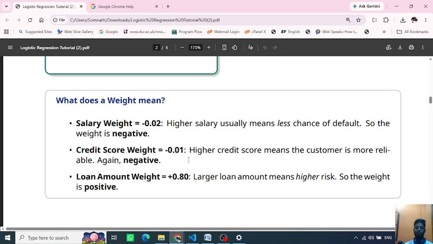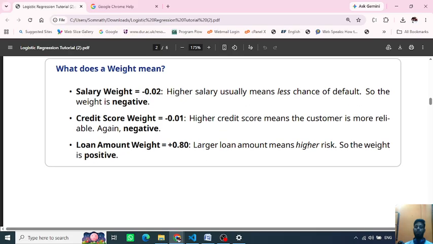Similarly, for credit score, a higher credit score means the customer is more reliable, that's why negative. Loan amount here is positive, which means if the loan amount is high, then there is a higher risk of default.